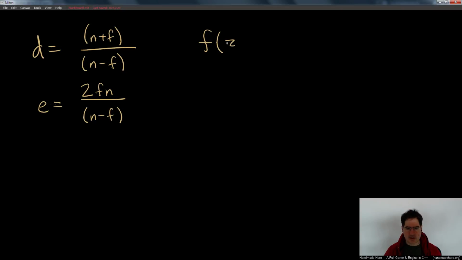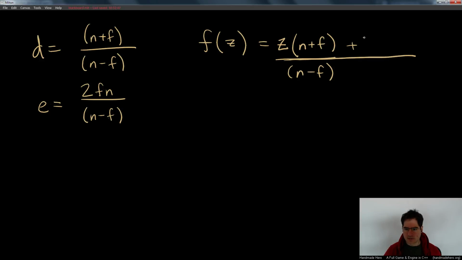So our function in this case is going to be the d term times the incoming z value. So we've just got z times n plus f over n minus f. And we're adding the e term, so we can just go ahead and add in the 2fn. They both have the same divisor, right?